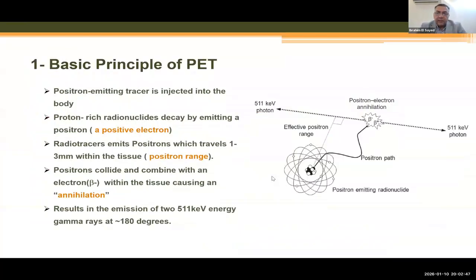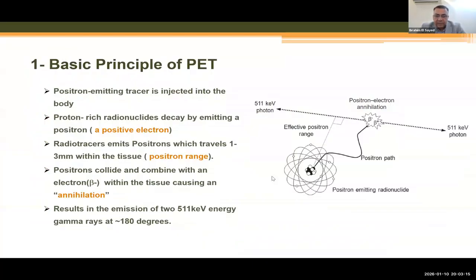This slide is the conceptual heart of PET physics, so I'm going to walk through it carefully. Everything in PET, every image we produce, every count we detect, and every artifact we correct for originates from the annihilation reaction. When we inject proton-rich radionuclides such as fluorine-18 or gallium-68 into the patient, the nucleus becomes unstable.